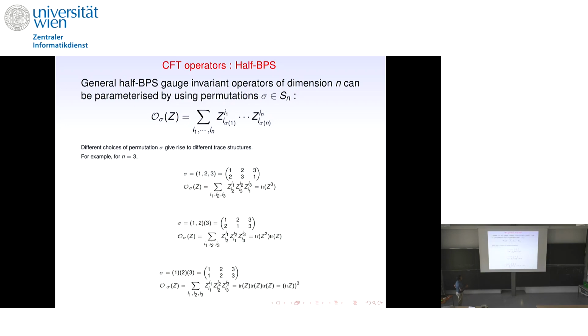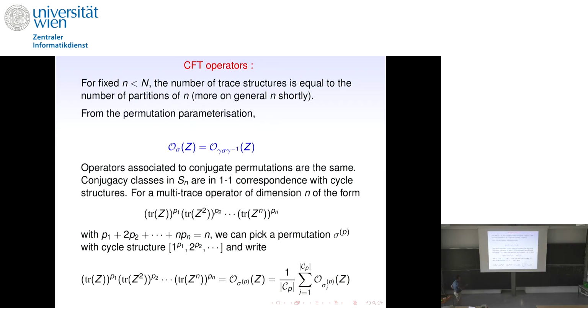So only the cycle structure matters, how these numbers are organized into cycles, and cycle structures of permutations are also conjugacy classes. So that means that permutations which are related by some conjugation by some other gamma give you the same operator.